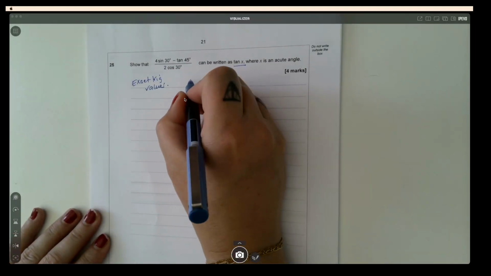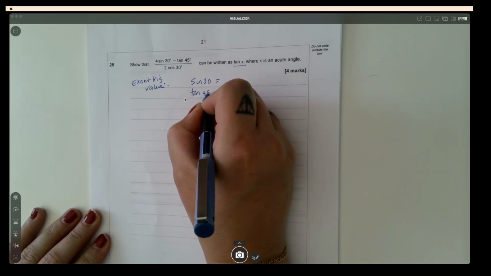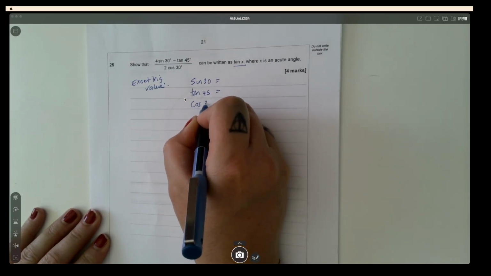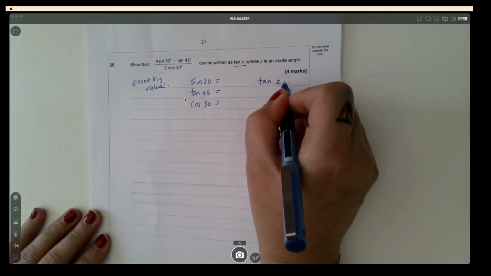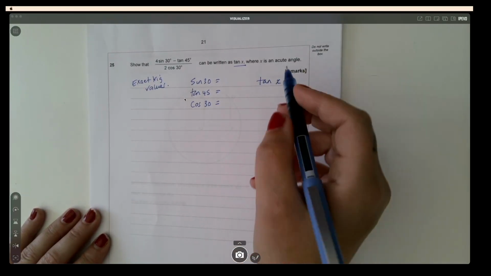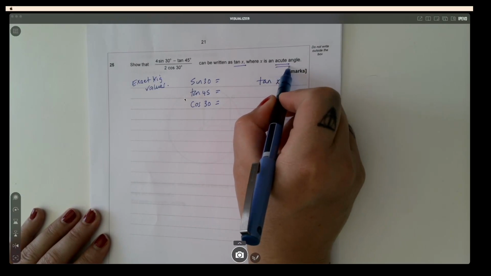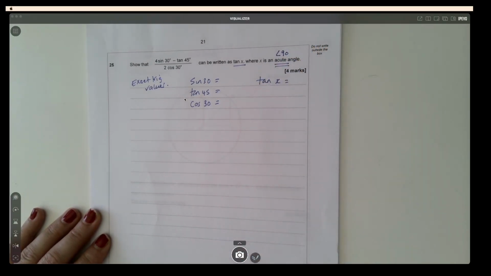But we need the exact trig value for sin 30, tan 45 and cos 30 initially. We'll also need to know what tan x equals, but we can deal with that towards the end of the question, where x is an acute angle, so x needs to be less than 90.